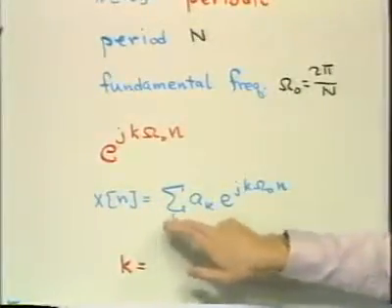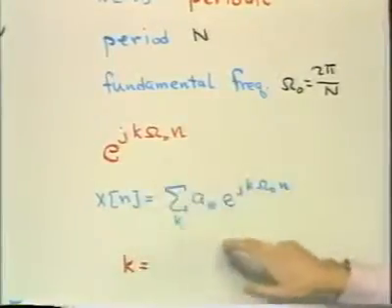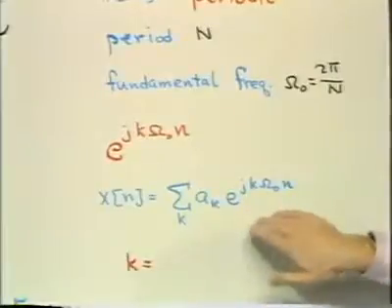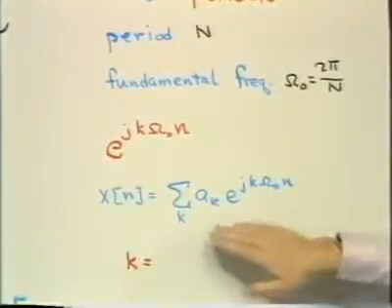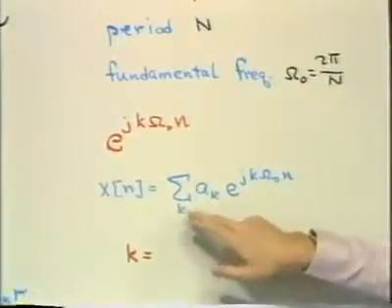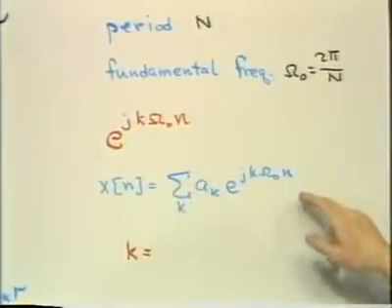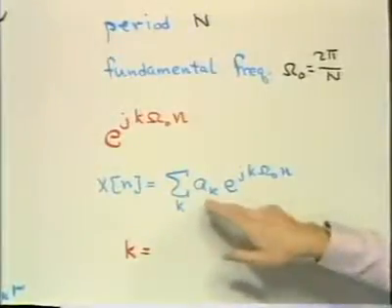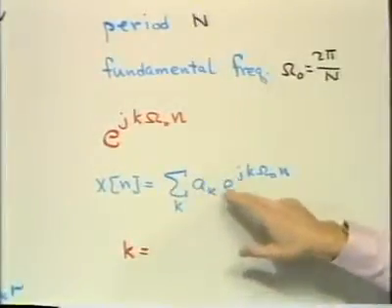And of course, this is a periodic signal, as can be verified more or less in a straightforward way by substitution. One of the things that we'll want to address shortly is how broad a class of signals can be represented by this sum. And another question, obviously, will be, how do we determine the coefficients a sub k?